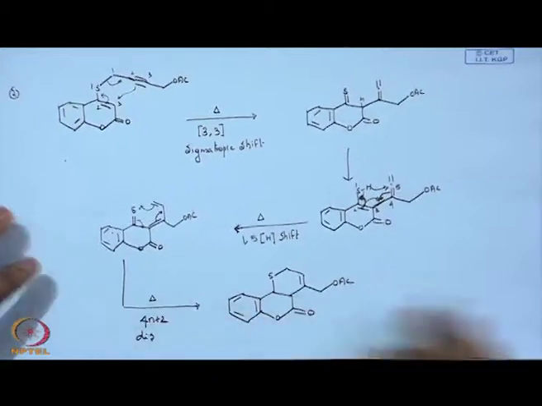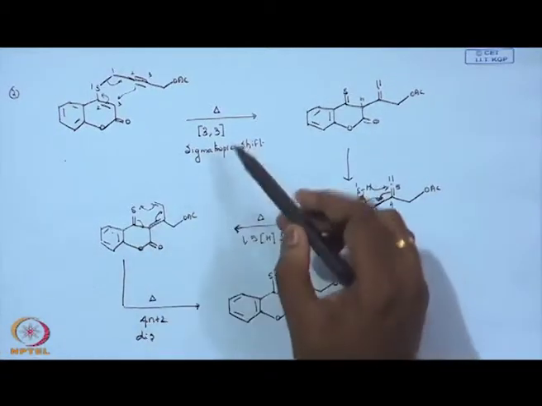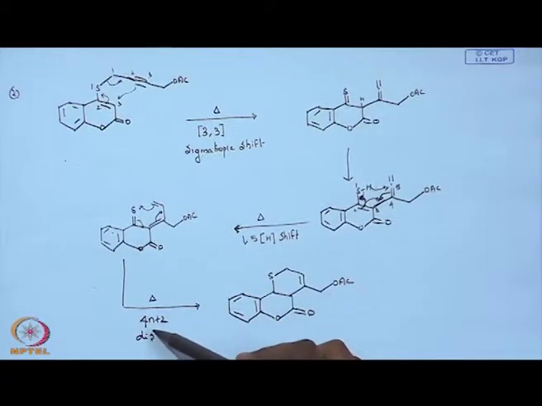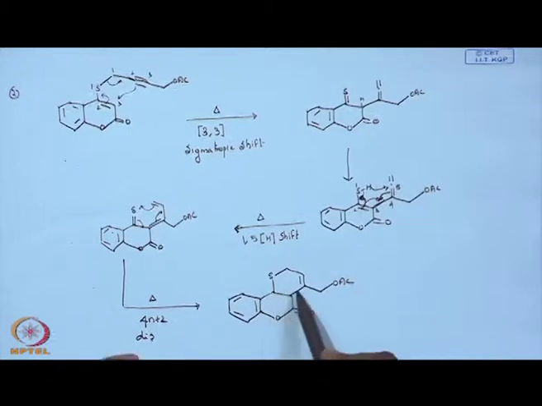So see, you did the 3,3, the 1,5 hydrogen shift, and the 4n plus 2 ring closure to give you the product. You have generated a new ring here.